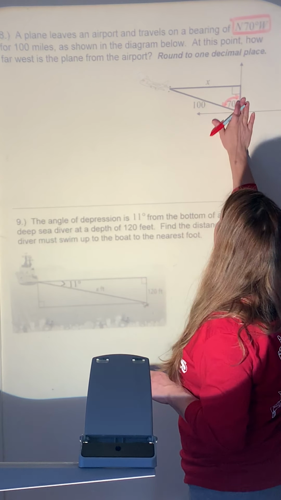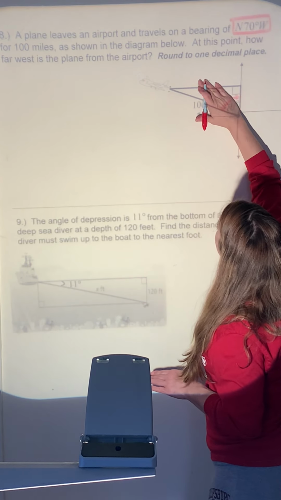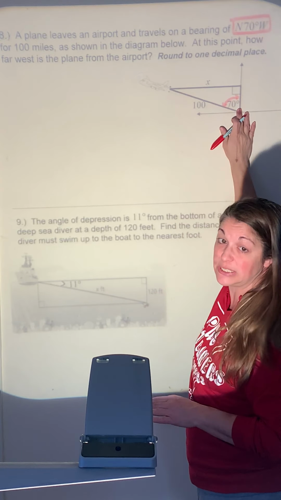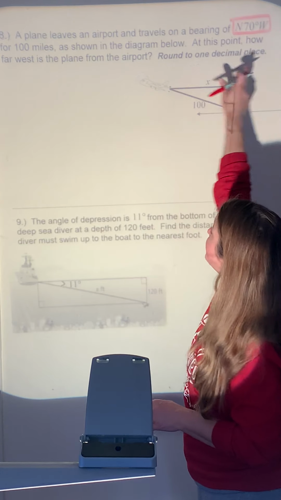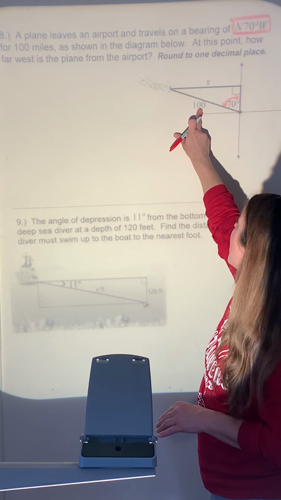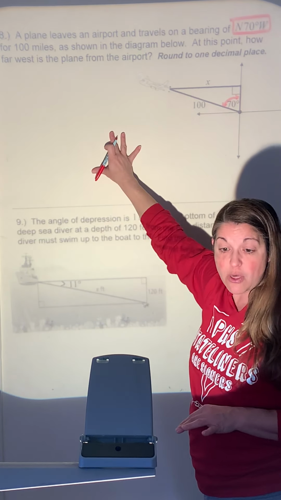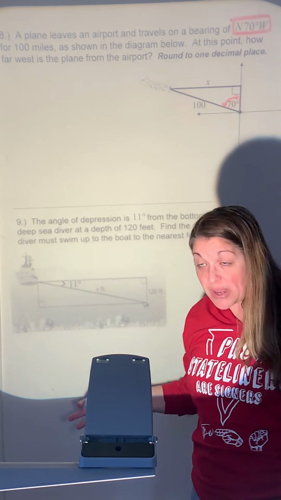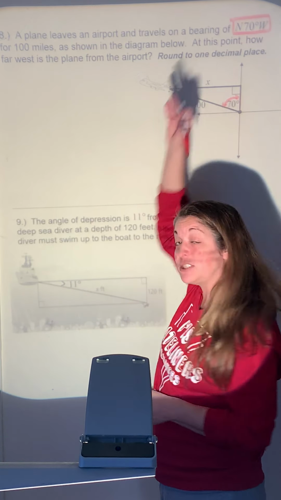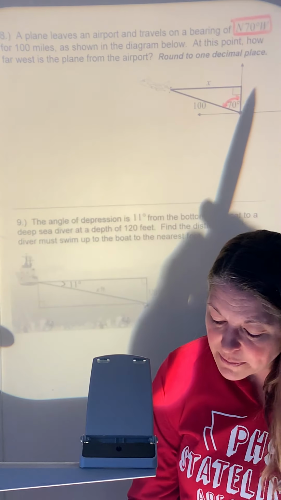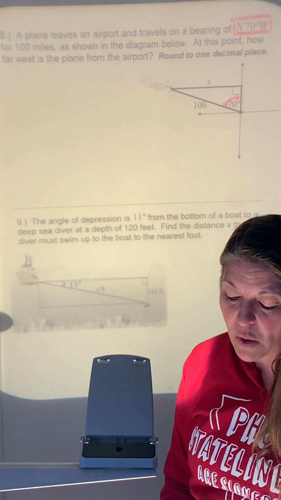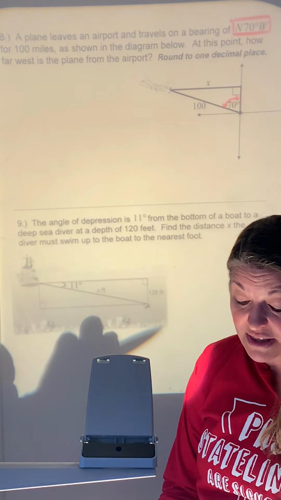You're going up, but over to the western direction, 70 degrees. This is the path that the plane took, and it went for 100 miles. Even though you don't need to know the bearing, that's something good to keep in your pocket for later. So we've got a bearing of north 70 degrees west and 100 miles.